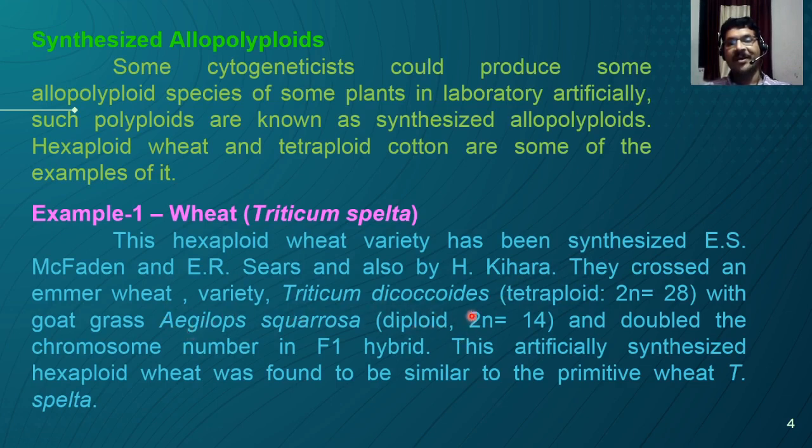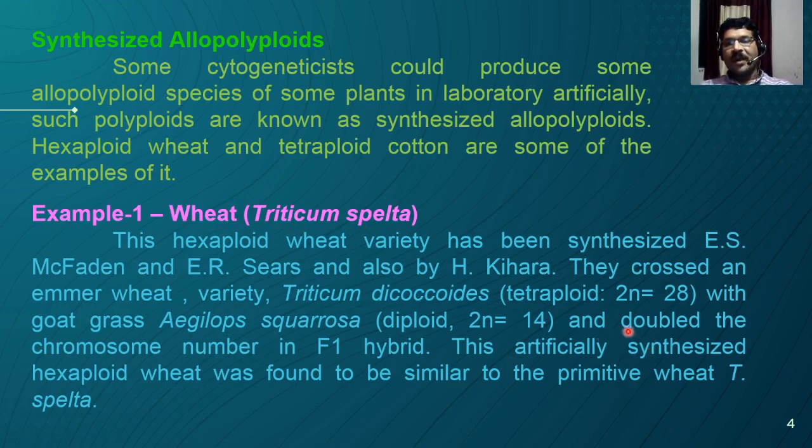So both parents are different types, one tetraploid and one diploid. Both species are distinct, and the genera are also distinct, Triticum and Aegilops. These parents were selected by the scientists for the formation of hexaploid wheat, that is Triticum spelta.